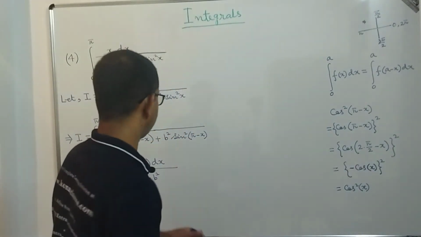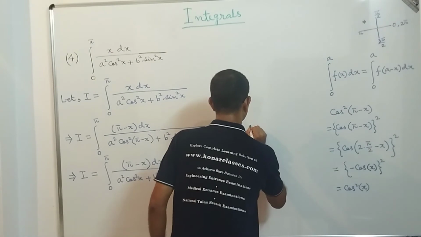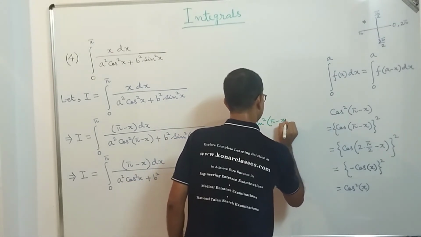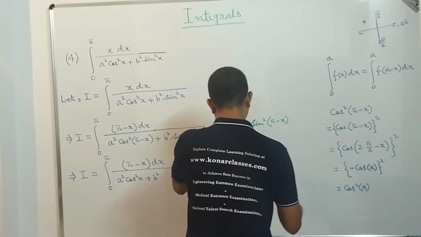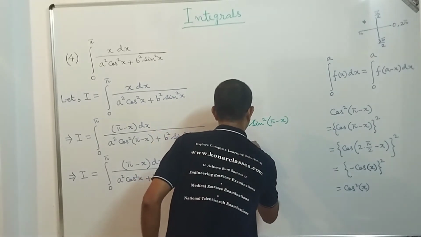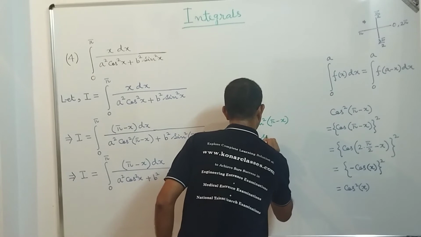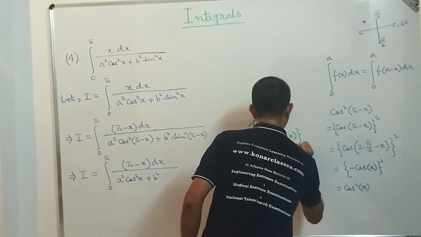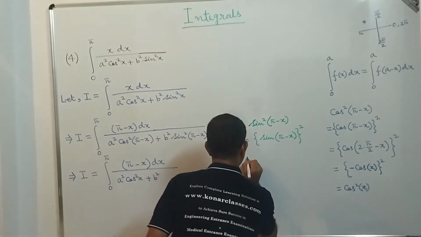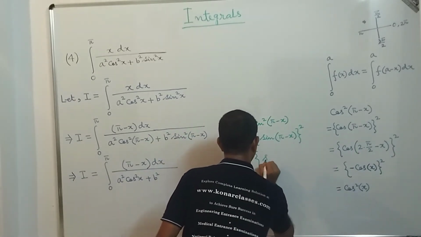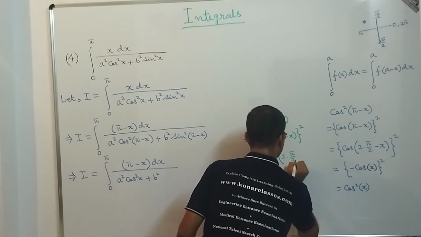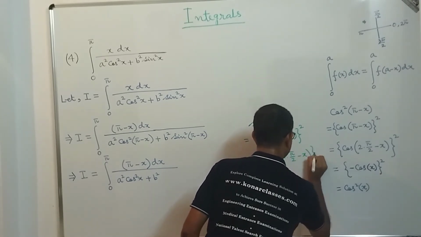In the similar manner we can find the value of sine square of pi minus x. That is equal to sine of pi minus x, complete whole square. Pi means 2 into pi by 2 minus x.